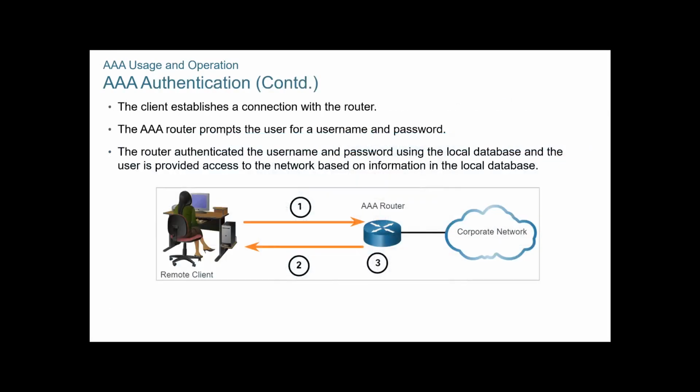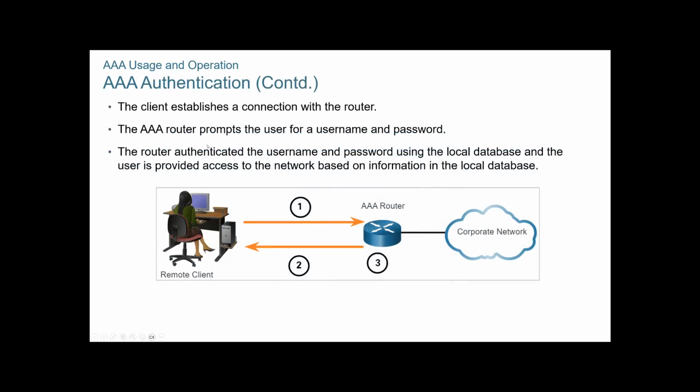And then the curriculum does talk about AAA authentication, and in this particular one, you can set up AAA authentication on a router. We don't really do this in CCNA. We do it in CCNP, also in network security. So the client establishes a connection.